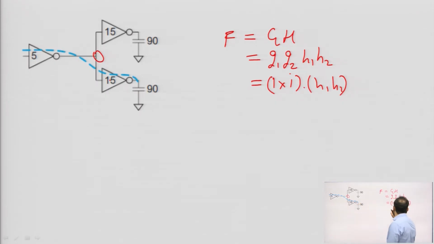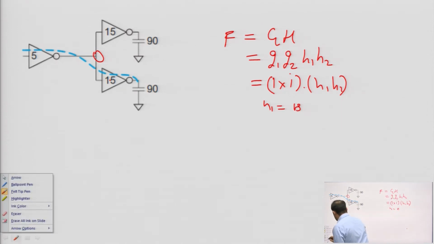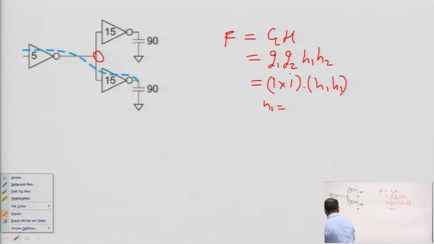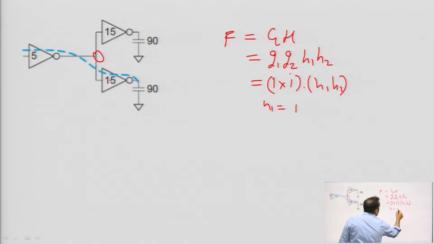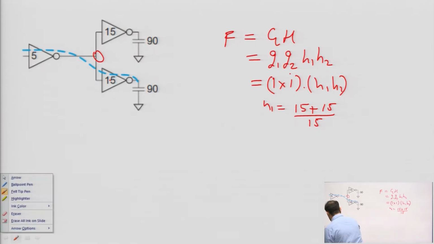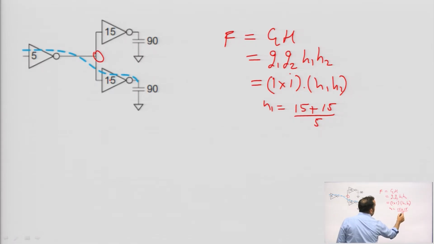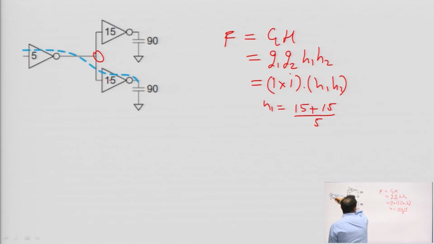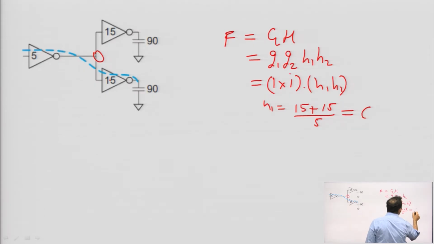So, H1 basically is going to be 15 units from one load, 15 units from the next inverter, divided by the input capacitance. Sorry, this is going to be 5, because the input capacitance here is 5. This is going to give me 6 units for H1.